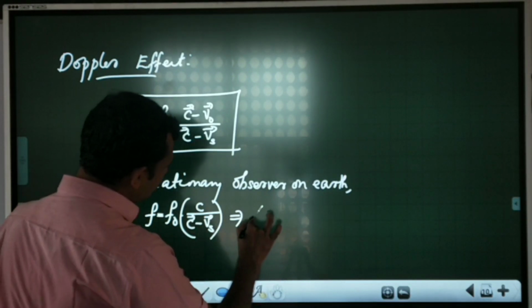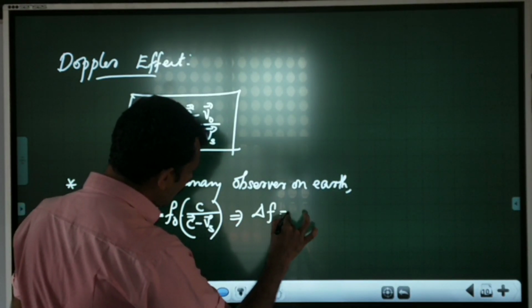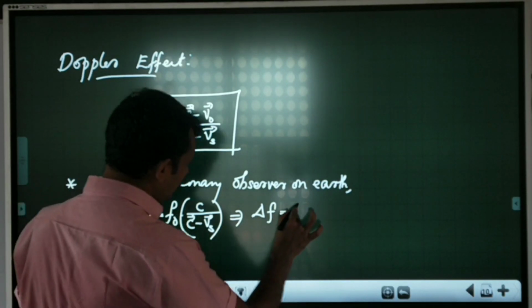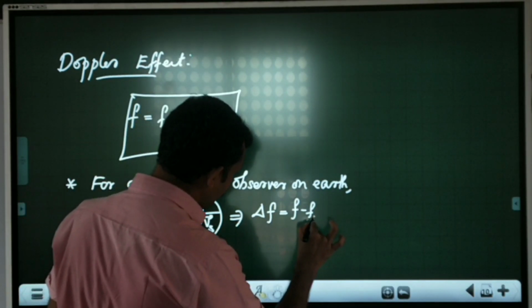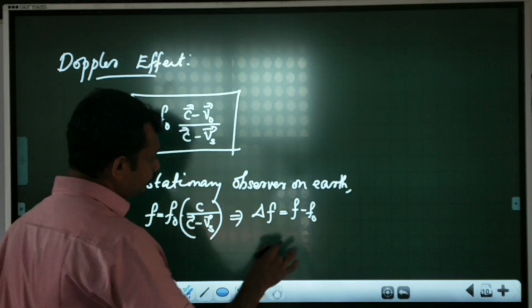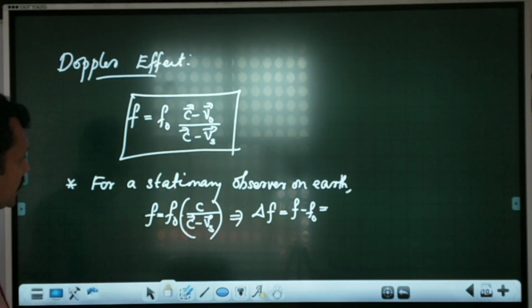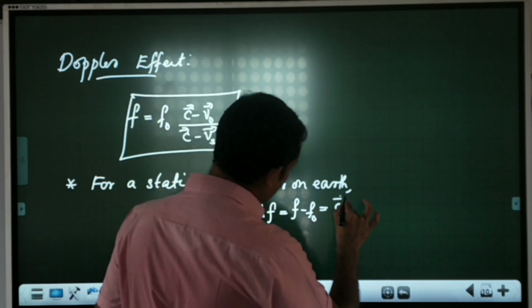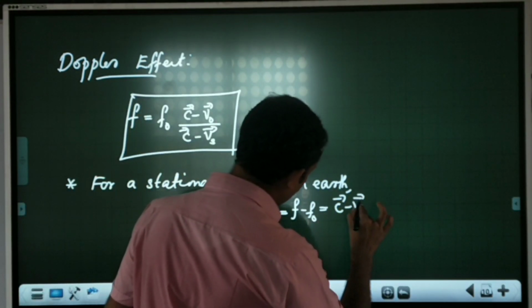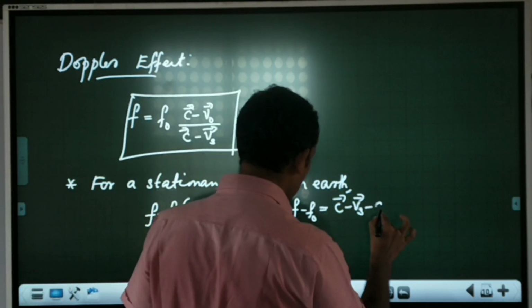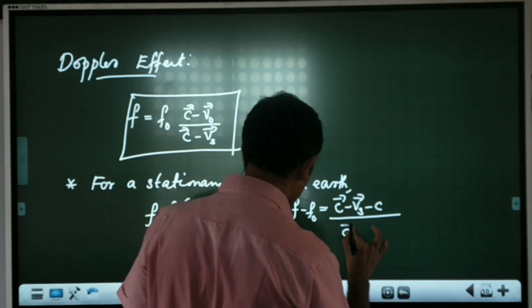Now it implies the change in frequency delta f is equal to f minus f0, which is f0 into (c minus (c minus vs)) the whole divided by c minus vs.